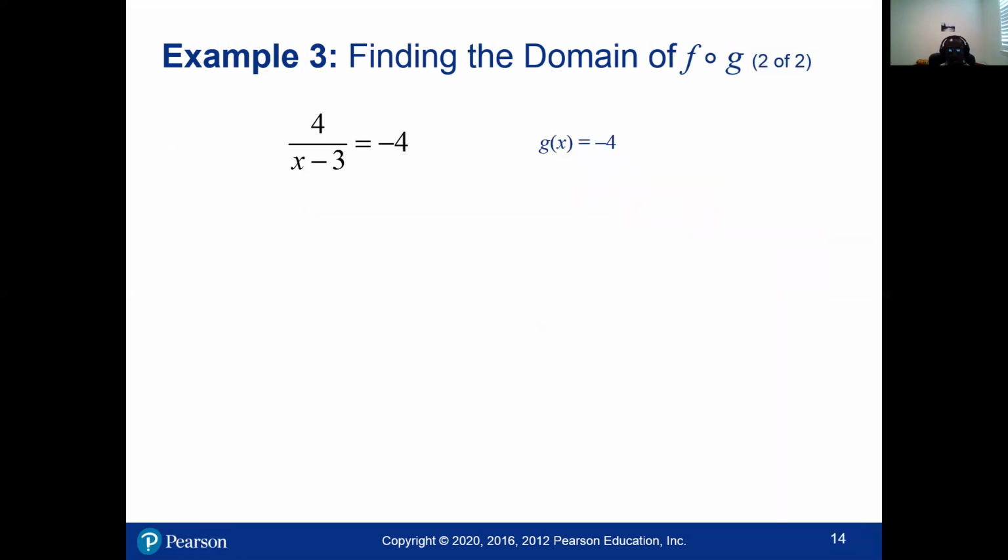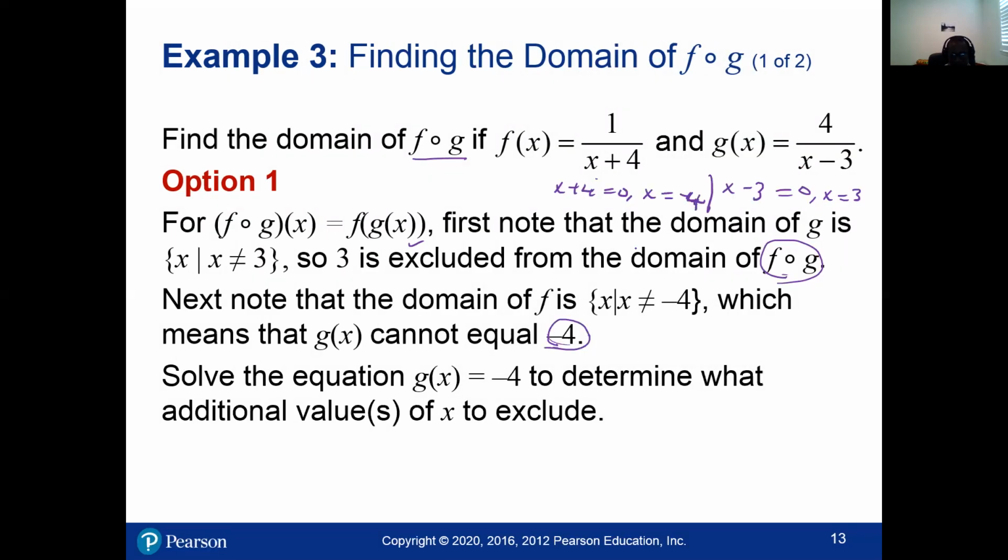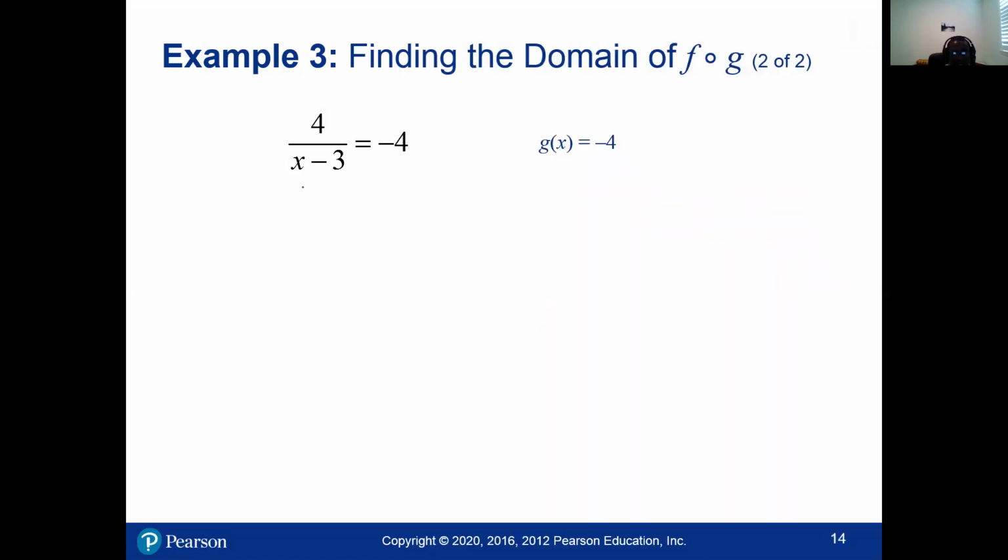So what is our g of x? g of x is 4 over x minus 3. We set it equal to negative 4 and solve. You cross multiply: negative 4 times x minus 3, which is minus 4x plus 12, equals 4.